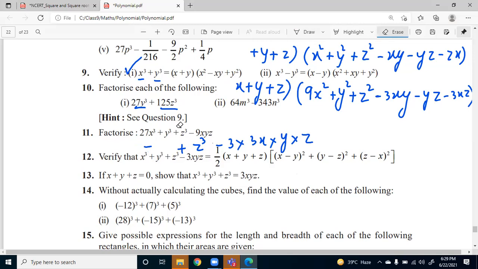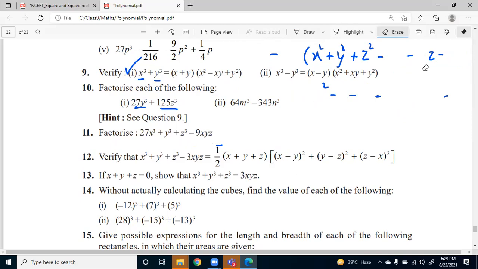Okay, so let's start with question number 12. So please write the question. I have to do it on the whiteboard.